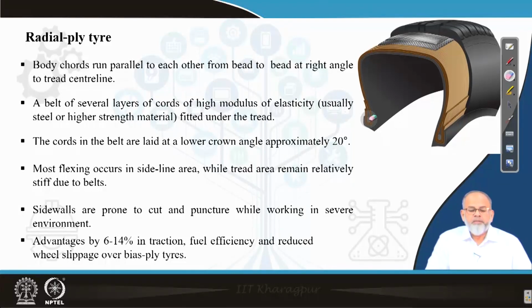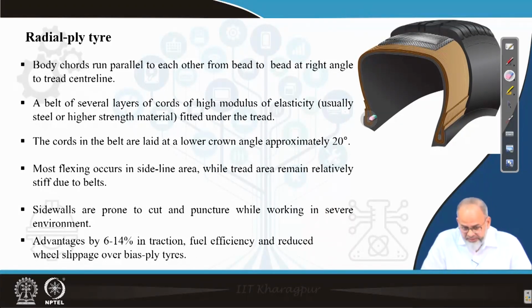The cords in the belt are laid at a crown angle lesser than that of the cords in the carcass. So the crown angle of the carcass is around 90 degrees, whereas the crown angle of the cords present in the belt is around 20 degrees.